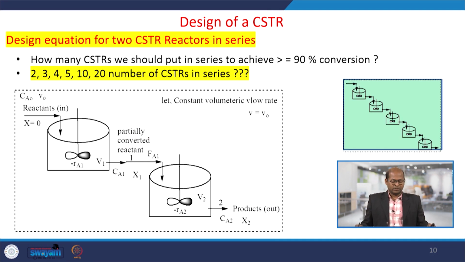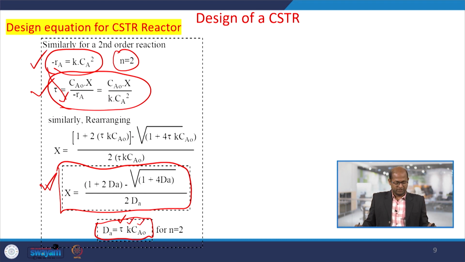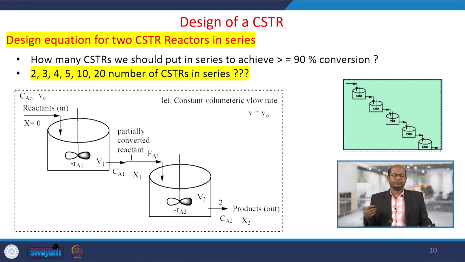Okay. So, now how would that be useful? Let us say we are going to design CSTR reactors. In our earlier cases we discussed that we may have a number of CSTRs, 2, 10, 20 reactors. Instead of an equivalent large CSTR, we use smaller CSTRs in series.